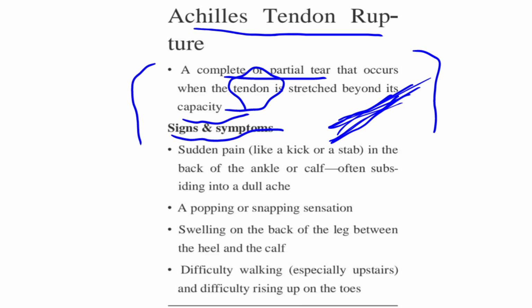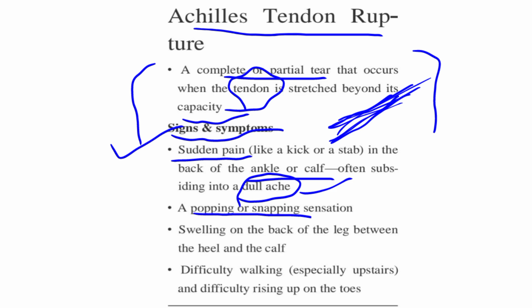The signs and symptoms of Achilles tendon rupture are as follows: sudden pain in the back of the ankle or calf muscles, often settling into a dull ache, meaning sudden pain or gradual pain after this. A popping or snapping sensation is also a sign.